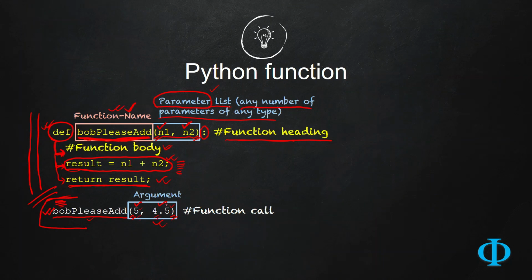These things are called arguments. Whenever it goes to the function side, when it is accepting some data items, they are called parameters, and when you are actually passing the values of those data items on the function caller side, they are called arguments, and this entire piece is called function calling.